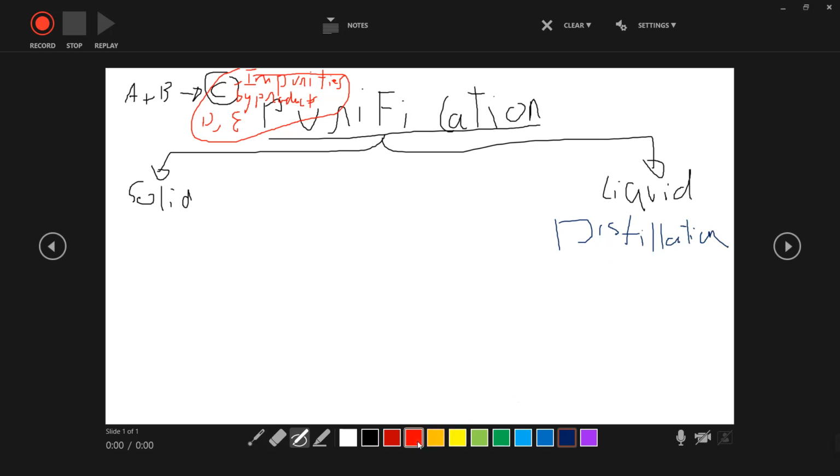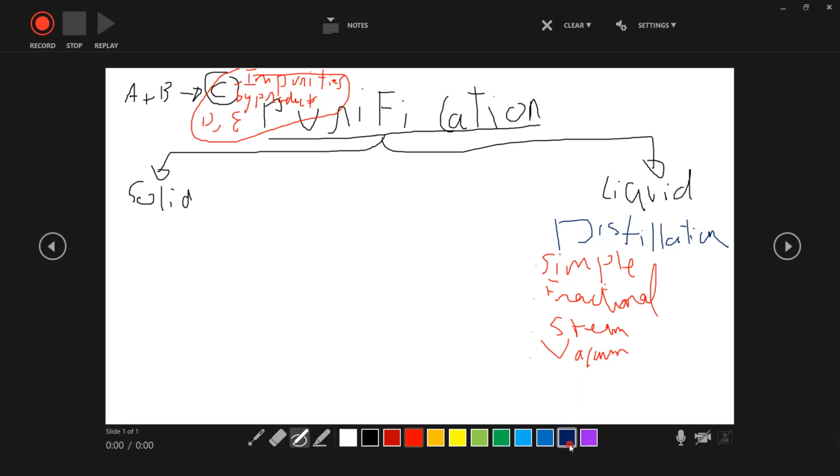Distillation has four types. It can be simple distillation, fractional distillation, steam distillation, and finally vacuum distillation. These are the four types of distillation that we will study together next.